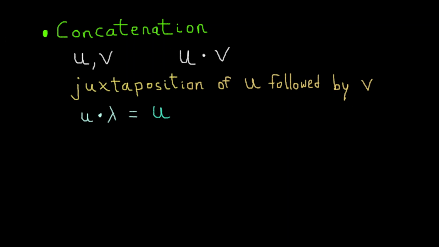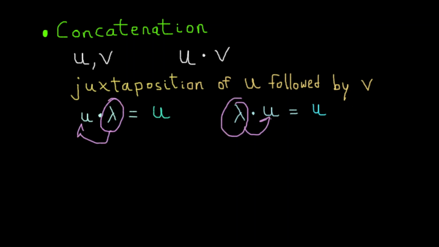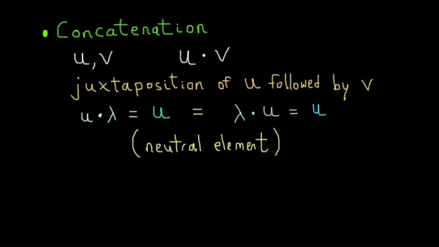The same goes when we concatenate the empty word lambda with another word u. The result is also u. So whenever we concatenate the empty word with another word, the result will always be the other word. In fact, this is a property called the neutral element. The empty word, the lambda word, is the neutral element of the concatenation.